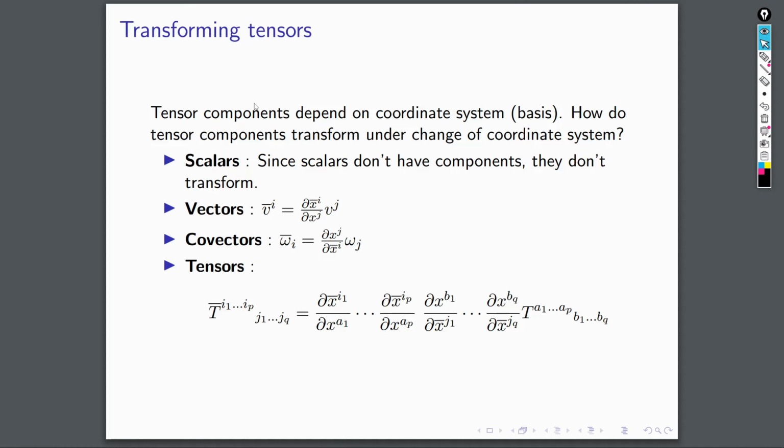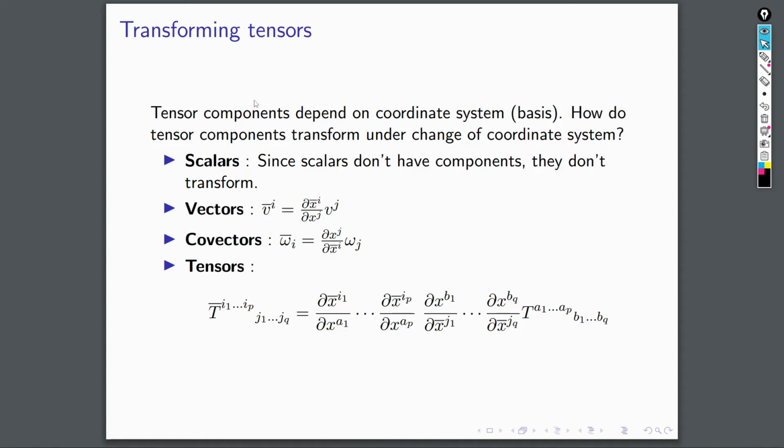Transforming tensors. As I said, the components of the tensor depend on what coordinate system or basis, they're kind of the same thing, what system you use. So how do the tensor components transform under these changes of coordinate systems?